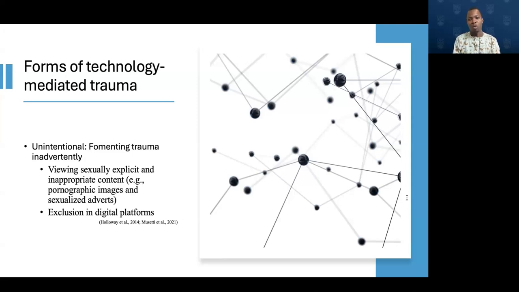For survivors of trauma who use sexual and reproductive health technologies, for instance, viewing sexually explicit content that they consider to be inappropriate can re-traumatize them, and this can create technology-facilitated cycles of re-traumatization each time the content is viewed. We also know that people may experience harm due to only male and female gender options in user interfaces.